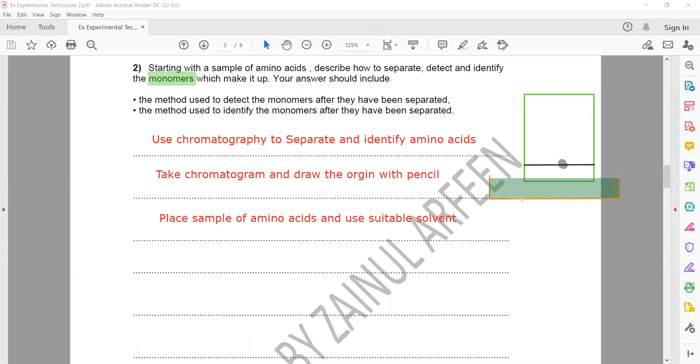Then what happens? This chromatogram will absorb the moisture or the solvent, so the solvent will rise on the chromatogram. As the solvent rises, the amino acids will also rise with the solvent, but that will not be visible. Why is it not visible? Because amino acids are colorless liquids.